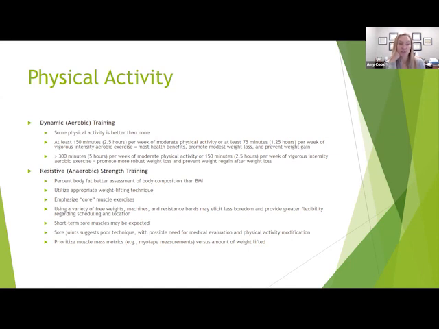And in addition to the aerobic or the cardio aspect of physical activity, the weight training or resistive anaerobic strength training is also important, and they have different benefits for each one. And as I mentioned earlier, notice how we're referring to it as physical activity and not exercise.